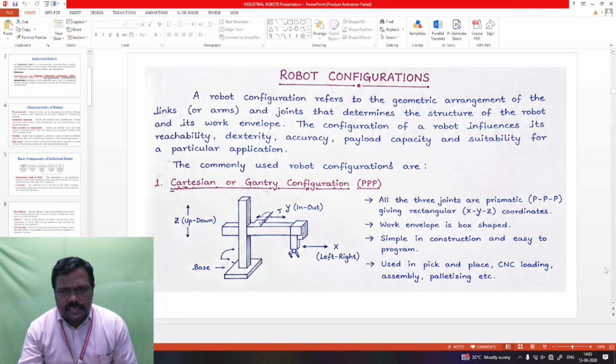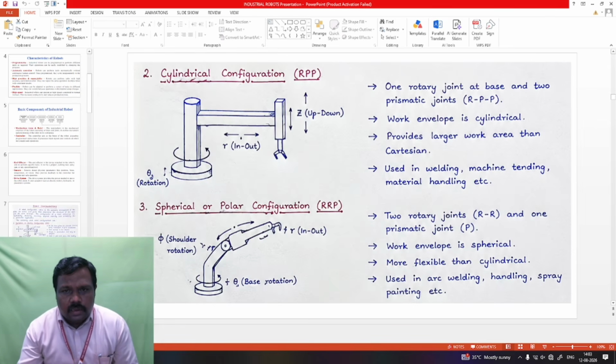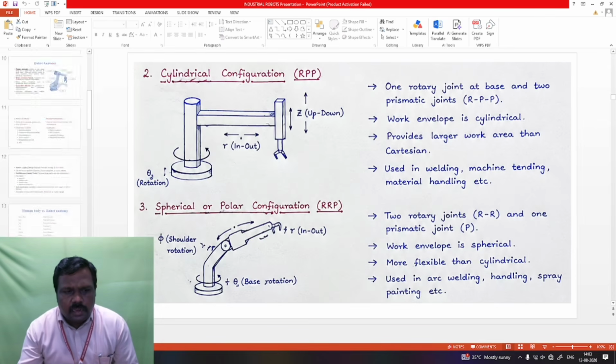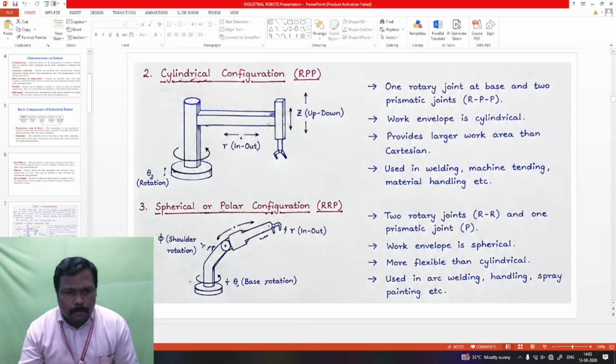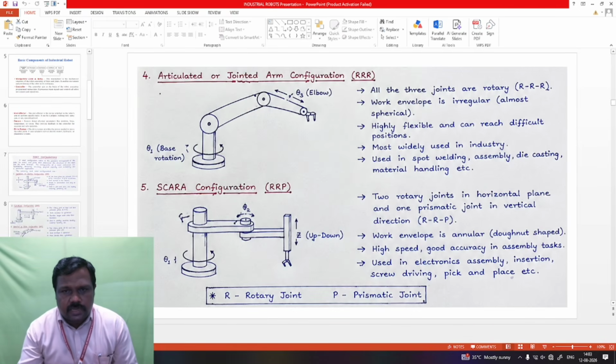Now let us see the robot configurations. What are the configurations? Robots have different configurations: Cartesian coordinate, cylindrical coordinate, spherical, articulated jointed arm configuration, and SCARA configuration.